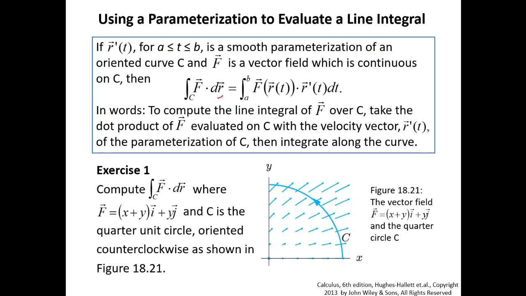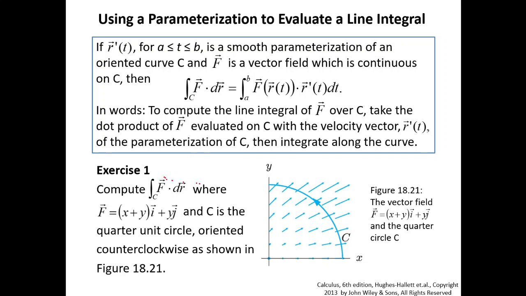This is going to give us the result. And what we can do is we can actually parameterize it with another function. And we typically will do this to make it easier to integrate. And we're going to see in the last slide that as long as we can parameterize it any way we want, as long as it all fits, so we do it the right way, we'll get the same answer.